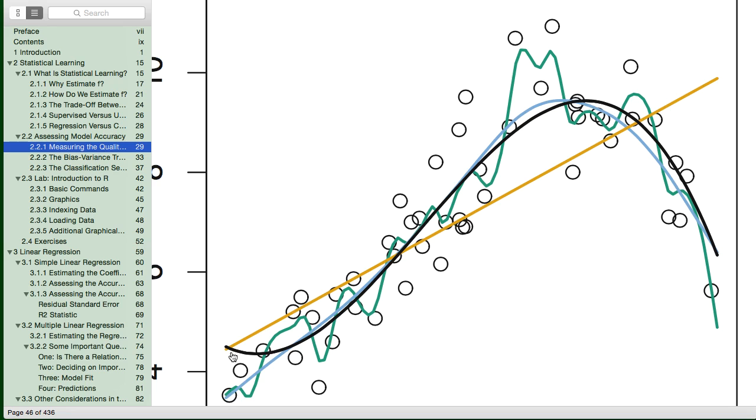If we were to simulate much more data from this reality, the blue line would continue to be good, and the green line might be quite awful. It might be really terrible because it's so conditioned on this particular set of training data.